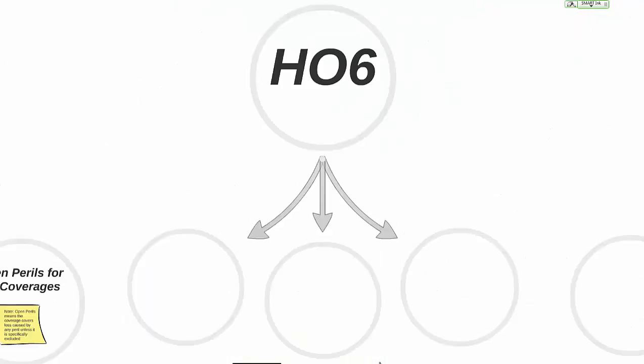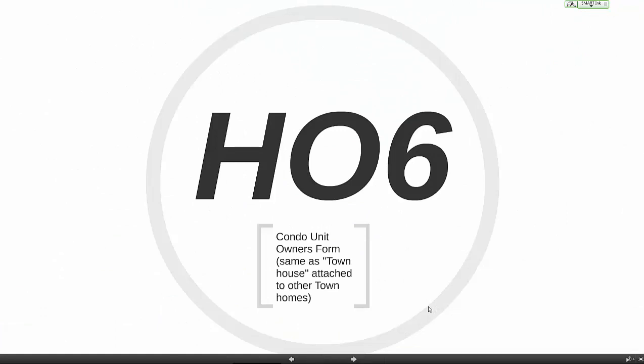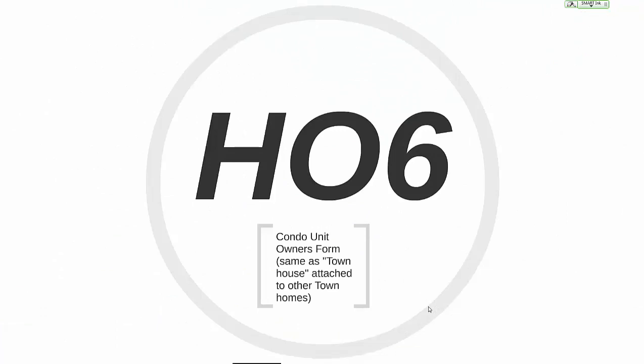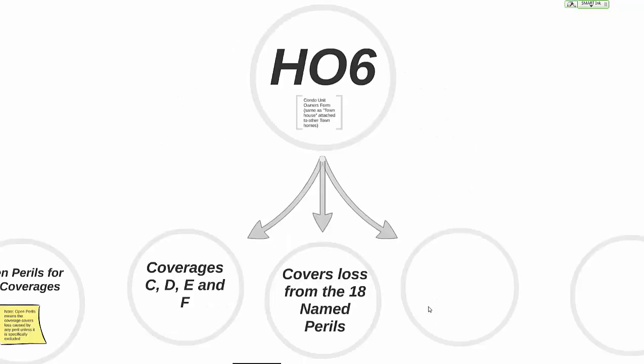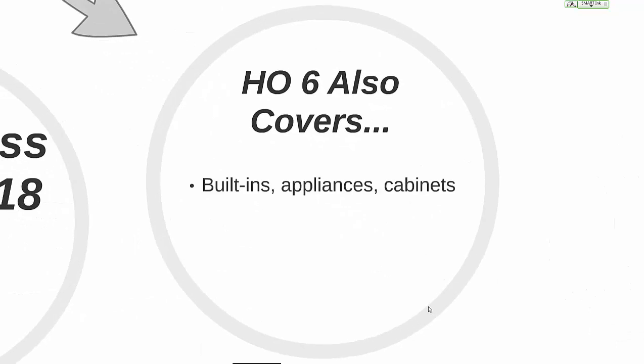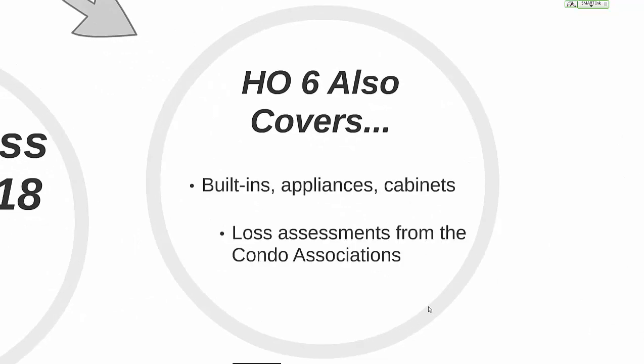Then HO6. This is the condo unit owner's form, or townhouse. This covers an owned unit that is attached to other townhomes, or it may be much like an apartment situation, the difference being that the owner actually owns the apartment. It also covers losses from the 18 named perils, and it covers built-ins, appliances, and cabinets, and loss assessments from the condo associations.